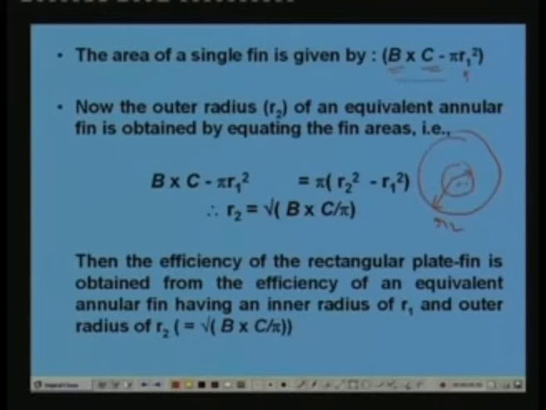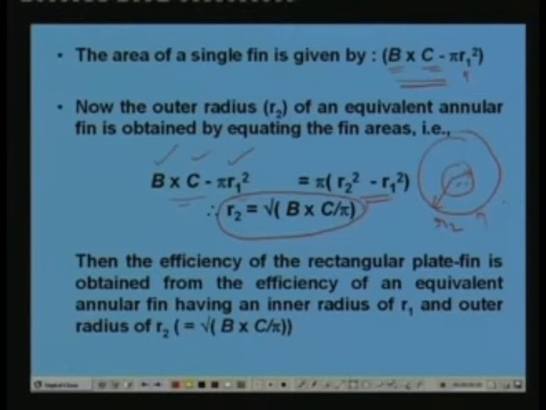Now this area is equated to the area of the annular fin, which is pi into (r2 square minus r1 square). So this should be equal to B into C minus pi r1 square, where B, C and r1 are known to us. By equating these two expressions, we get r2 equal to the square root of B into C by pi. So we can find the outer radius of an equivalent annular fin.